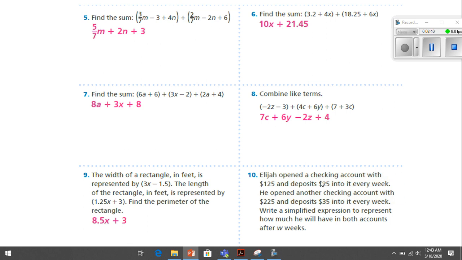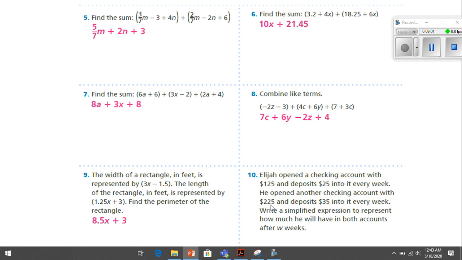Well, remember, he opened the account with $125 and then he deposited $25 every week. He also opened another one with $225. So we're going to be adding these together because they're both solid numbers. No variable is going to be in them because they deposited one time.